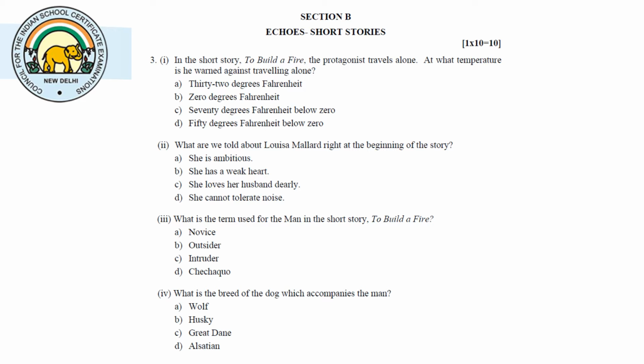When you take up question number 3, it is a mix of To Build a Fire and The Story of an Hour. The questions were taken from both stories. So question 3 is of subject matter related questions, we can say contextual questions.